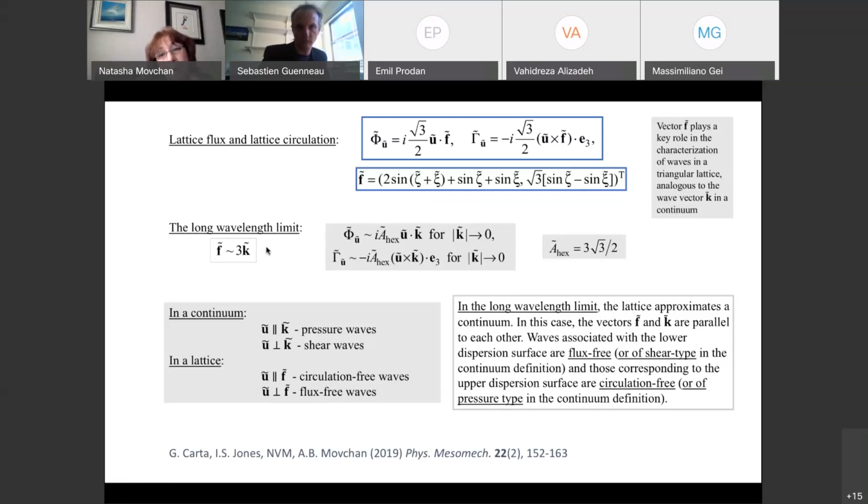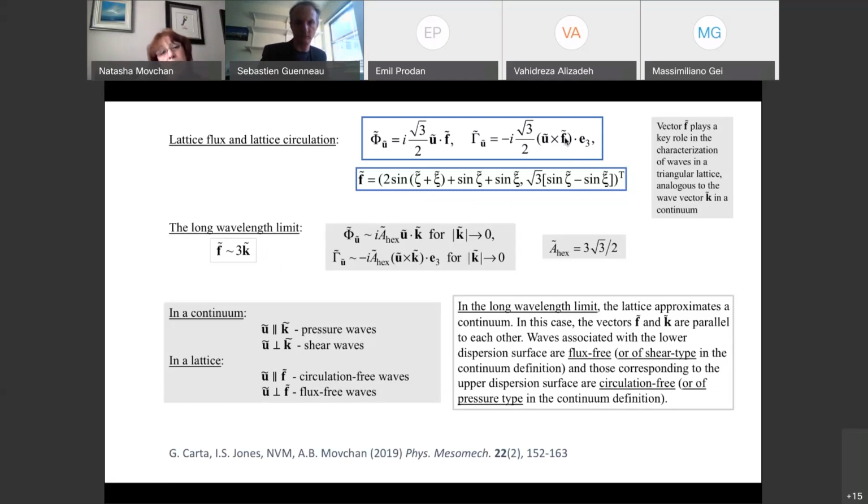And similarly, we can look at the so-called circulation-free waves, where u is parallel to the vector f, which we introduce here. And in the long wave limit, because f is parallel to k, this will correspond to a pressure wave in the continuum definition.